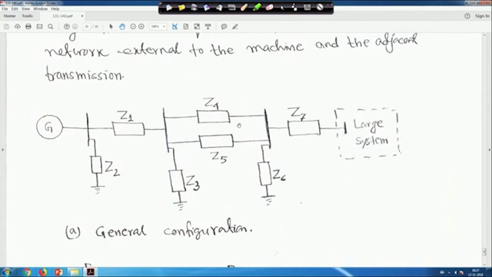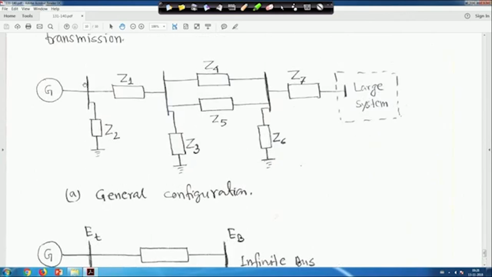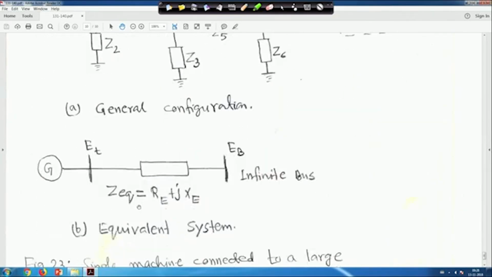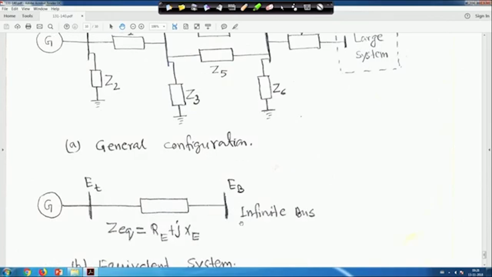Now, if you make it a Thevenin equivalent, this generator is there, and this is its terminal voltage E_T, and this equivalent impedance, say Z_E, is equal to R_E plus jX_E. And this bus we call the infinite bus, E_B. We will come to what an infinite bus is.